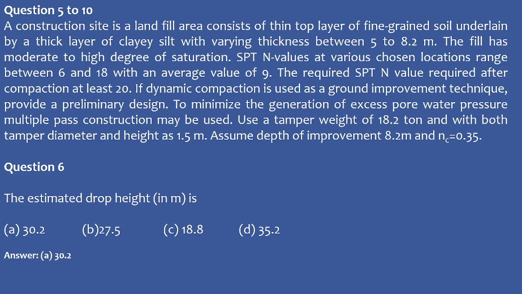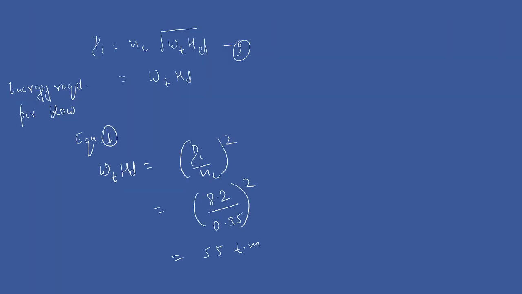So we have our energy as W T H D. The energy we calculated earlier, the required energy per blow, was 55 ton meter. With the help of that, we can calculate how much drop height is required. We know W T H D is 55 ton meter.